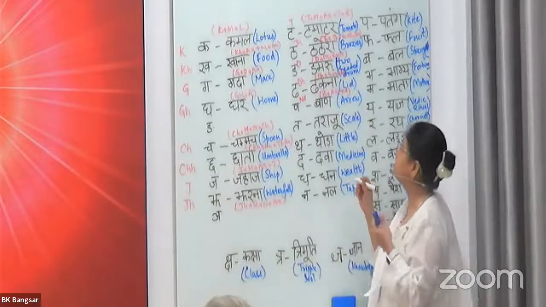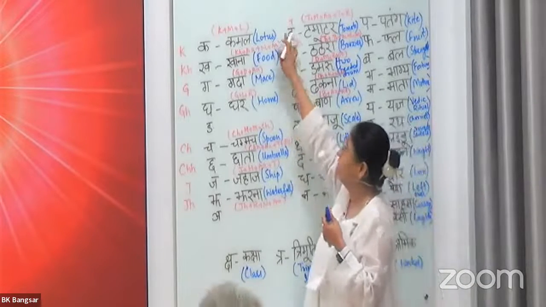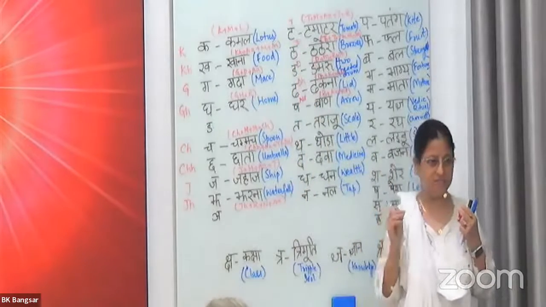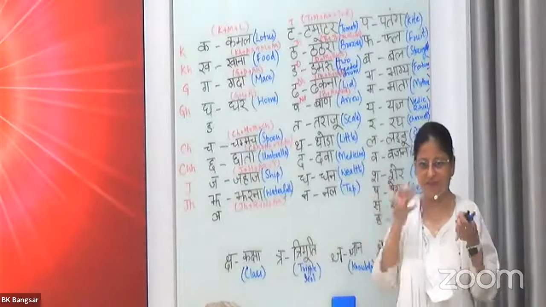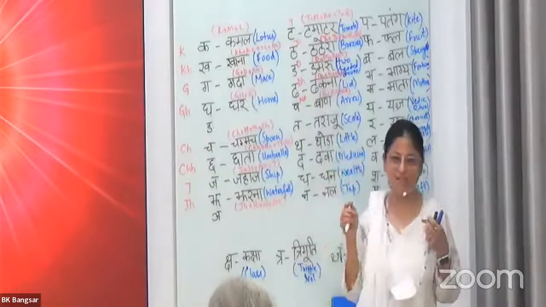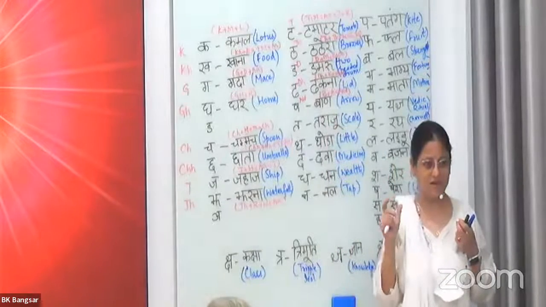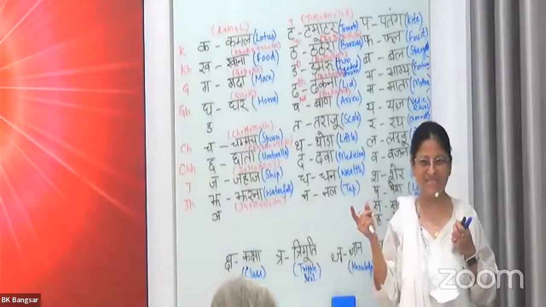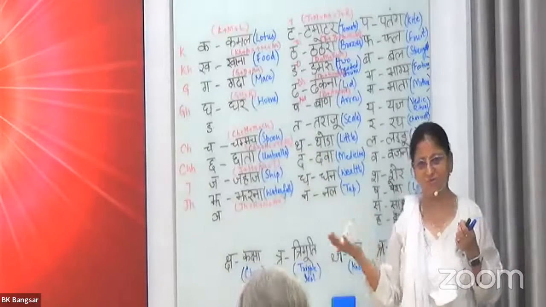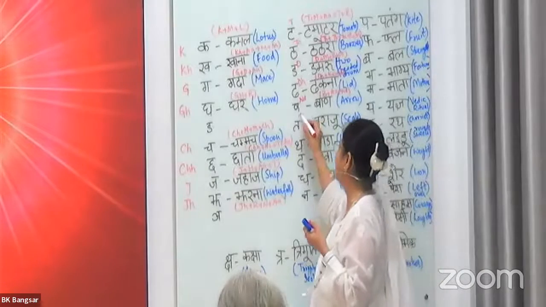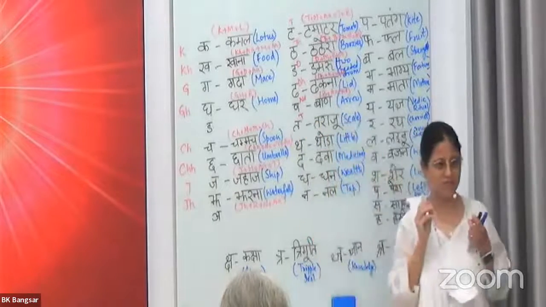Then is ta. Now, in English, when you write T, it's the same wherever you use it. But in Hindi, when you write tomato, it also denotes T. And if you write tarazu, that is also T in English. But the pronunciation is different.